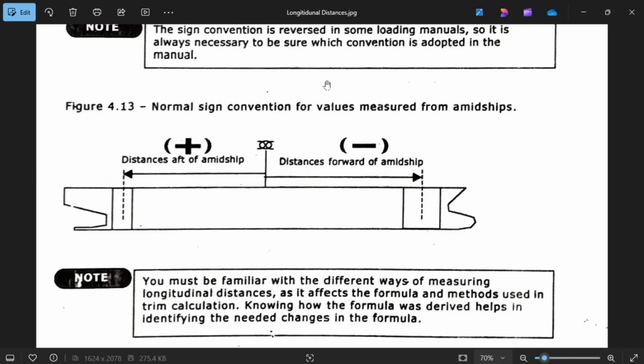It says here, normal sign convention for values measured from amidship: positive aft and negative forward. This will be your point of reference, or point of measurement. So distance starts from midship going forward, and distance from midship going backward, that will be your distance aft.